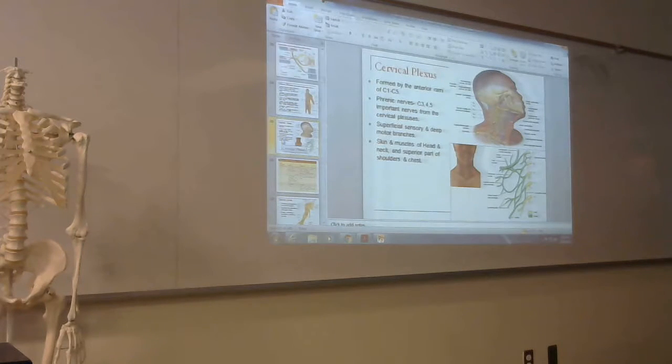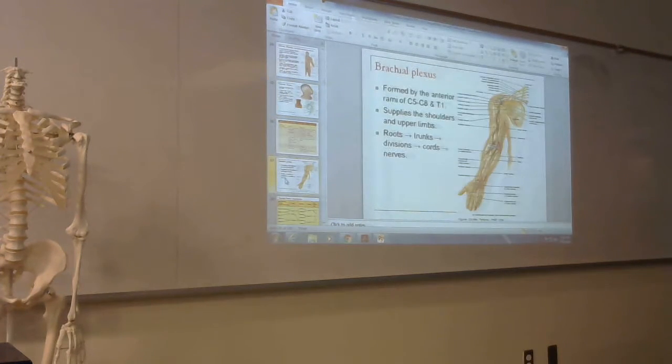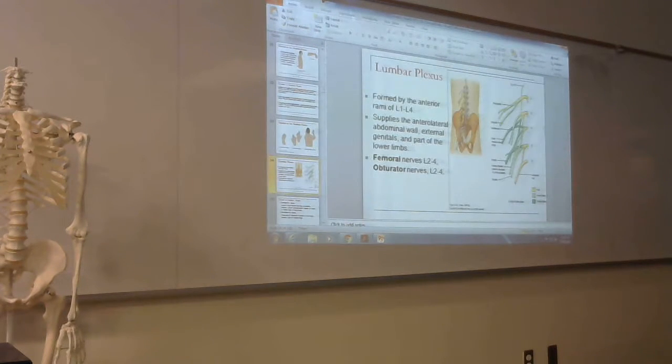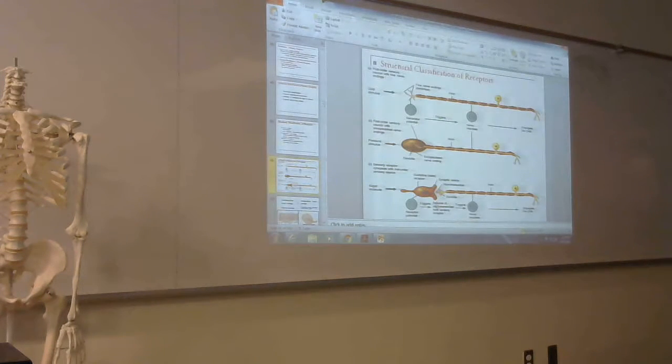So cervical plexus for breathing, then your brachial plexus, brachium right here, upper arm, right? Then lumbar plexus. The lumbar plexus is on the thigh, and sacral plexus. So with the lumbar plexus, your problem will be in your thigh, and with the sacral plexus, your problem will be in your leg. Okay. Then the different receptors: chemoreceptor, thermoreceptor, nociceptor.